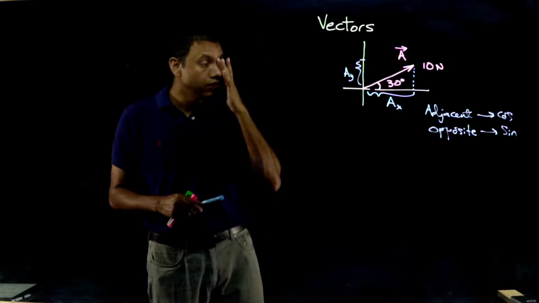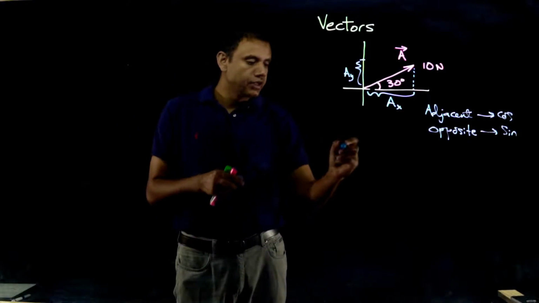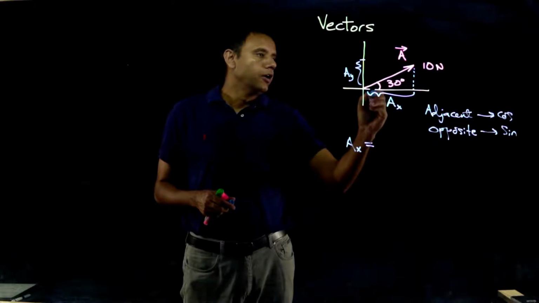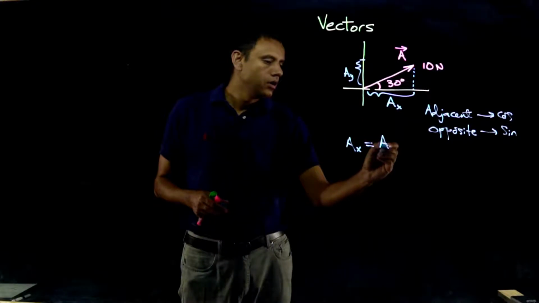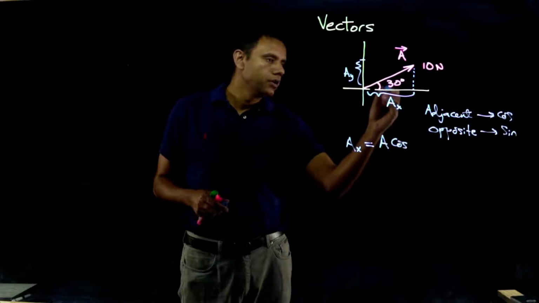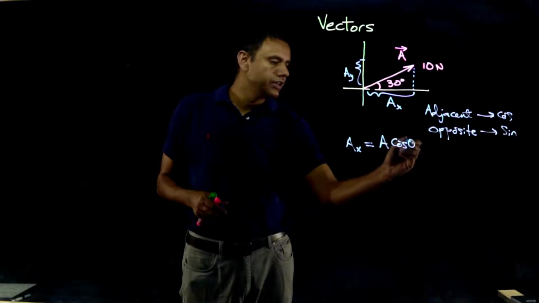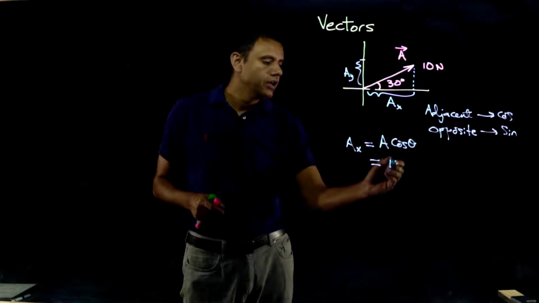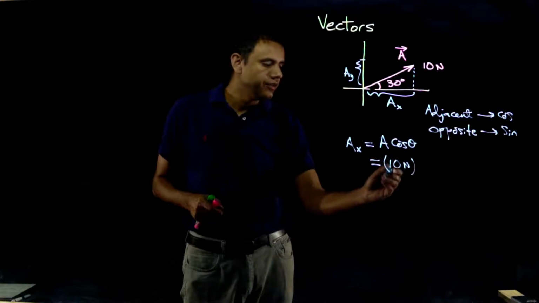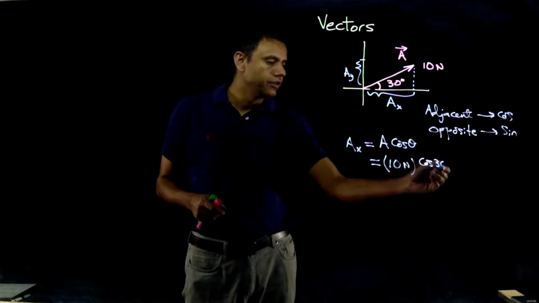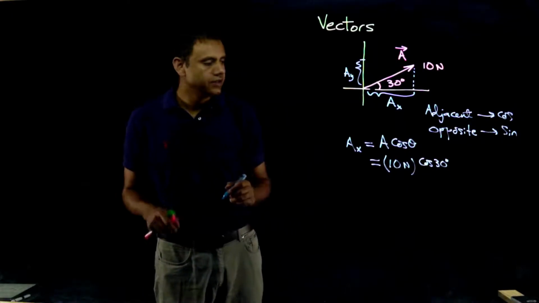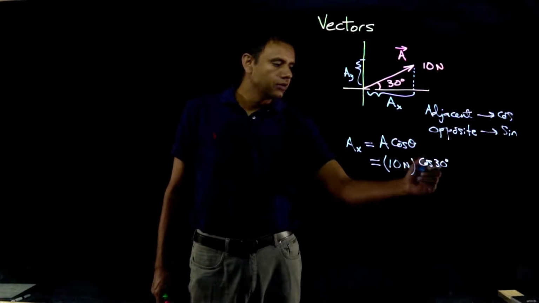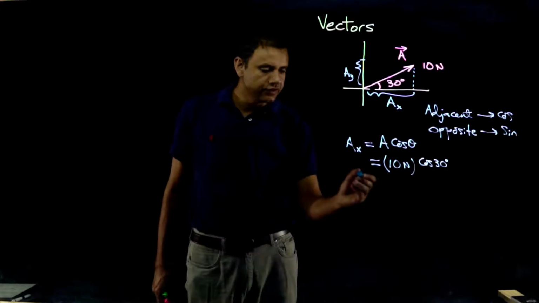So for the X component, AX is equal to A cosine theta, where theta is 30 degrees in this case. So I can write 10 Newton times cosine 30 degrees. That's what the X component is, and you can use a calculator to calculate cosine 30 and write the answer.